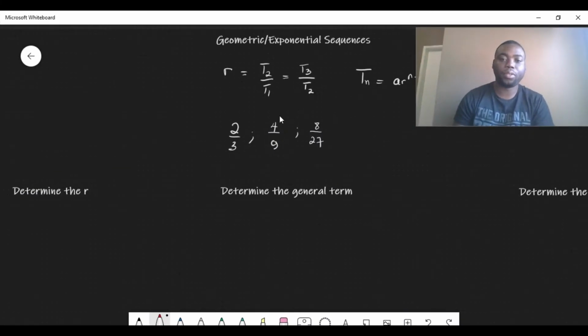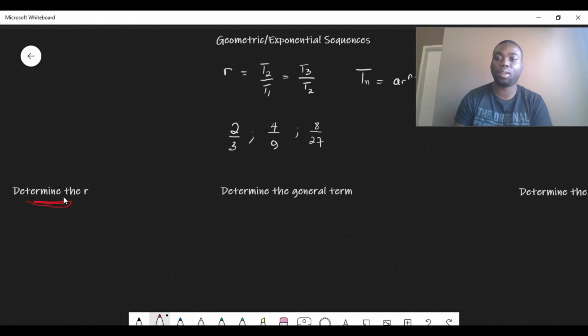Now let us try out some examples involving geometric sequence to help you best understand how to apply this section. The first question says we have 2 over 3, 4 over 9, 8 over 27. That is our pattern. We were first of all asked to calculate the R. Obviously, like we said, the R is your common ratio. So all we need to do is divide the T2 by the T1, and that is going to give you your R. For you to be 100% sure you're right, you can divide the T3 by the T2 and see if they give you the same answer.